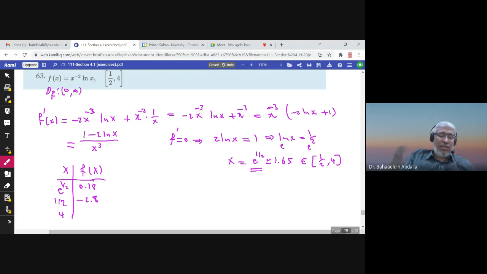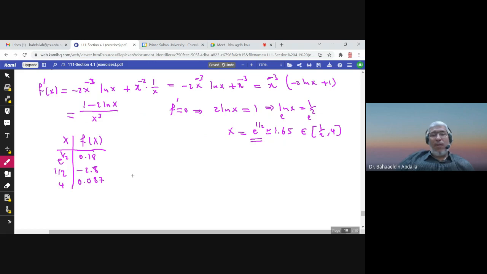And you can replace now x by 4. So ln 4 over 4 squared, or times 4 to the power negative 2, and the answer is 0.08.